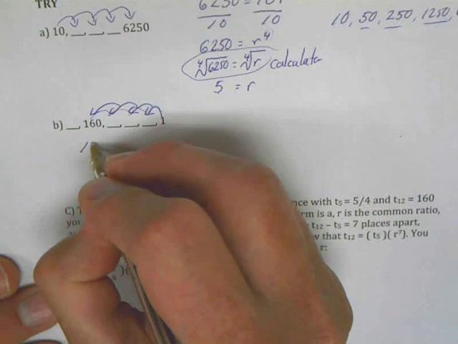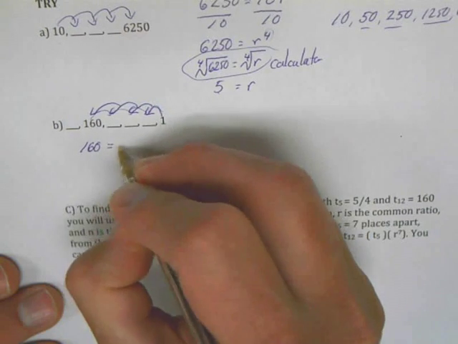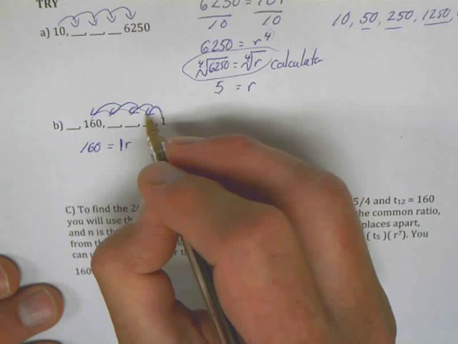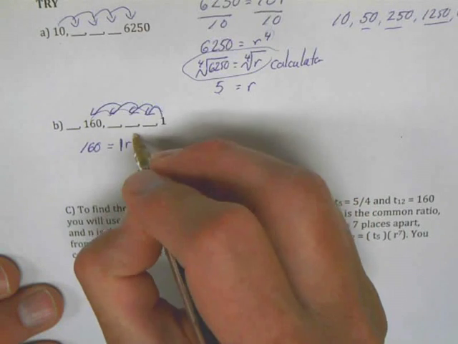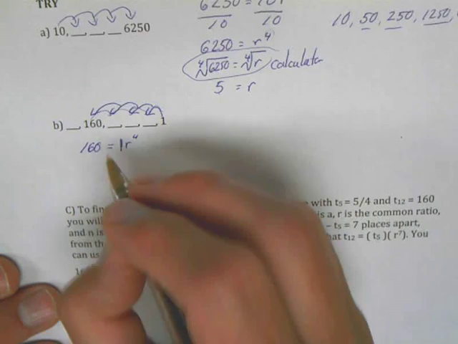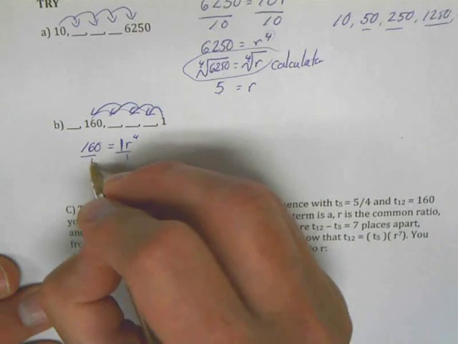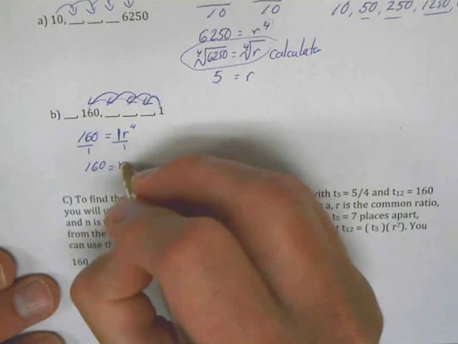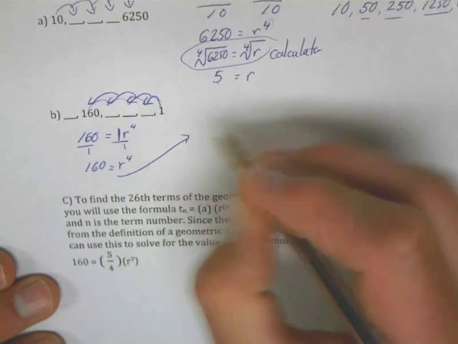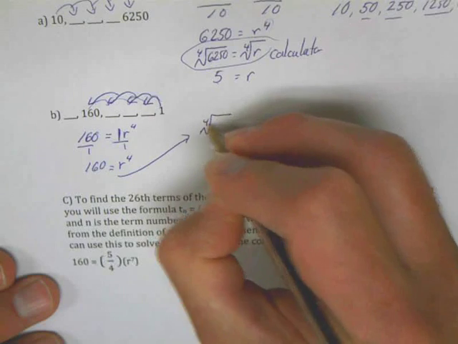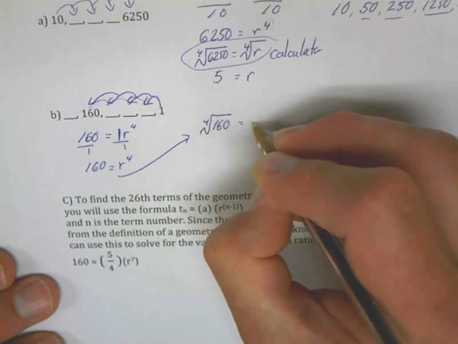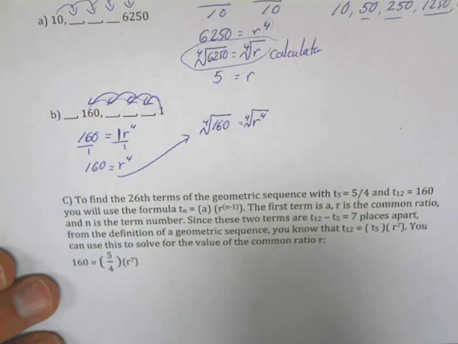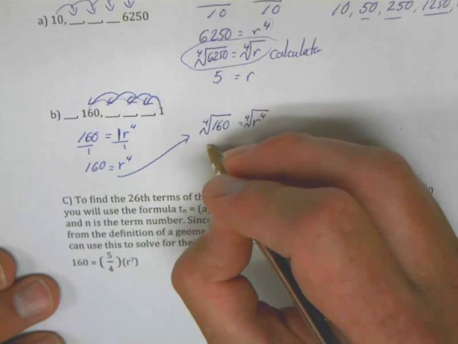So 160 is equal to 1 times R, and R multiplied 1, 2, 3, 4 times. So divide this side by 1, that side by 1. So 160 is equal to R to the power of 4. Once again, I'm going to take the 4th root of 160, and the 4th root of R to get R.